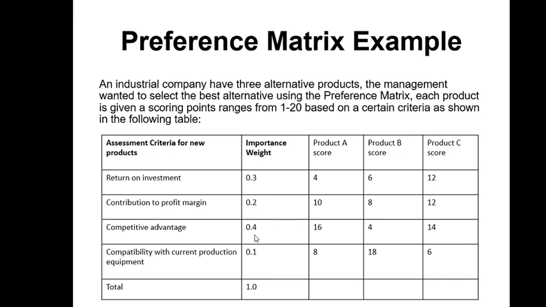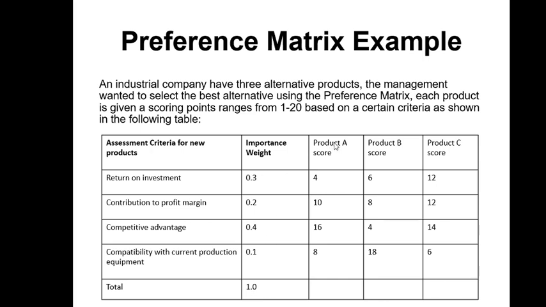Competitive advantage is 0.40. Notice that competitive advantage is very important for this company because they give it 0.40, which is the highest. Compatibility with current production equipment is 0.10. So the sum of all importance weights is always 1, as you can see.